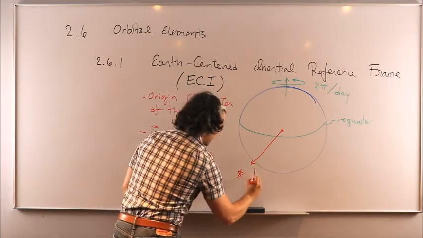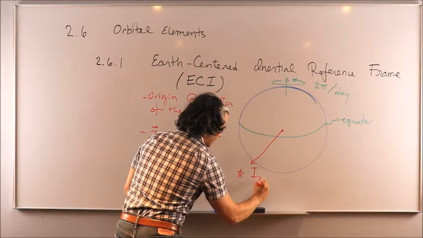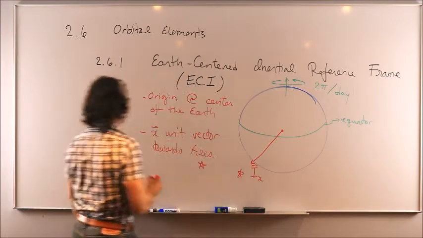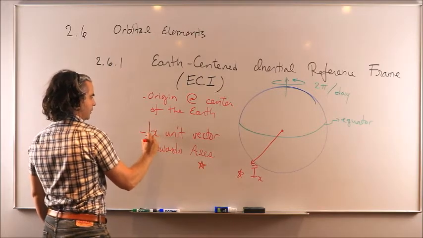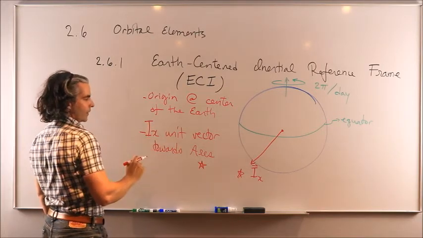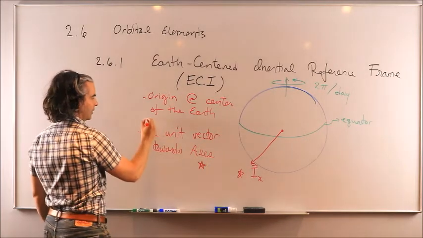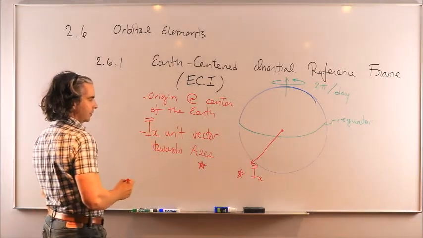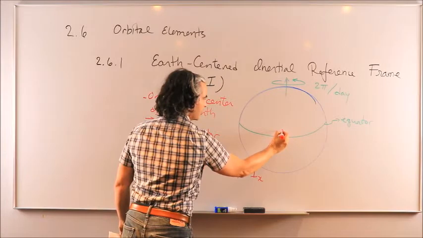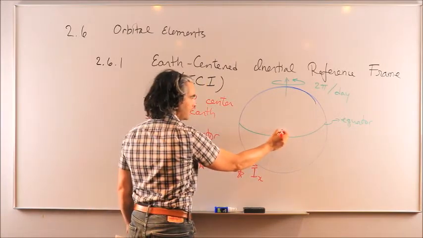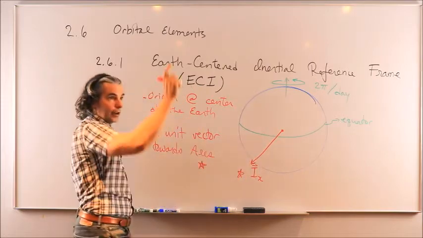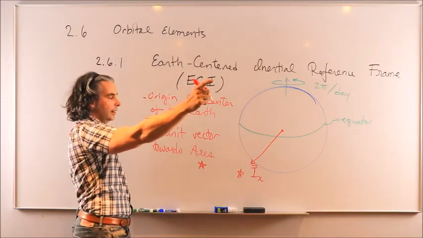So this is the IX unit vector. To use the same nomenclature, I'm going to say IX unit vector. So this vector goes from the center of the Earth at the origin of the ECI reference frame and has its x-axis pointing at a given star in the sky.